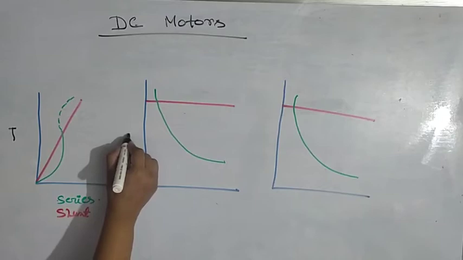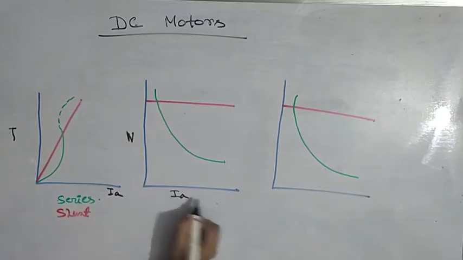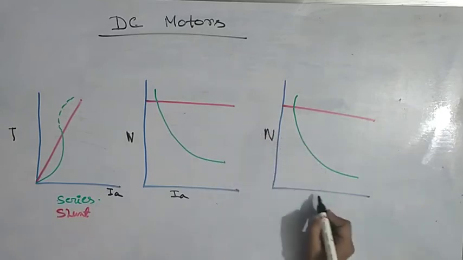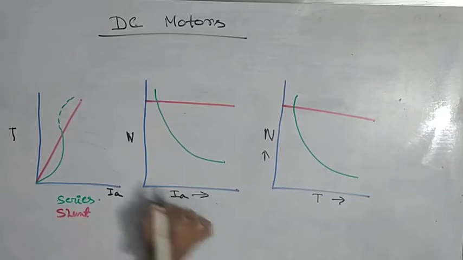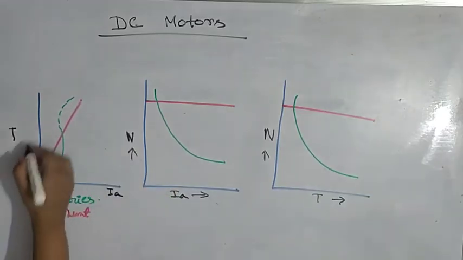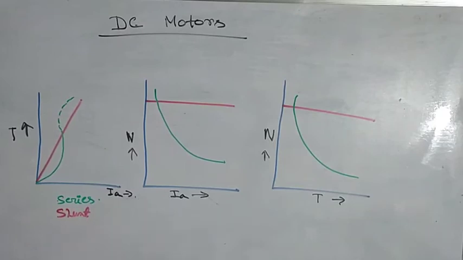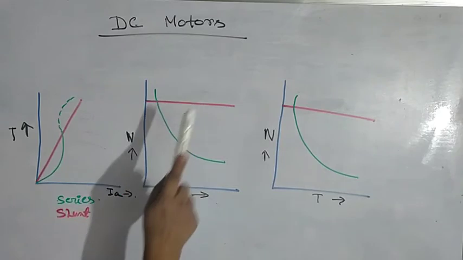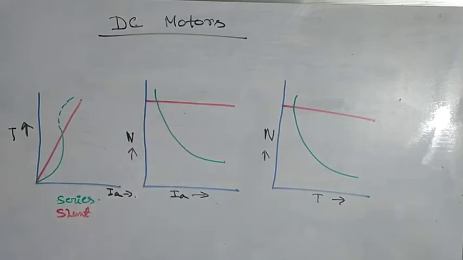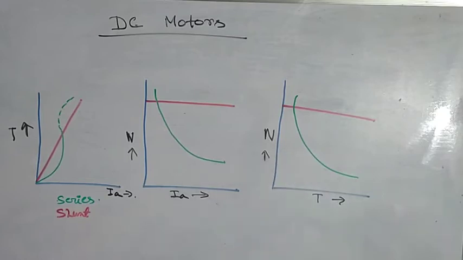This is the graph for N versus Ia, and this is the graph for N versus T. This is the speed-torque characteristics, this is the speed-current characteristics, and this is the torque-current characteristics. Okay, this is for shunt, this is for series motor, and this characteristic is for series motors.